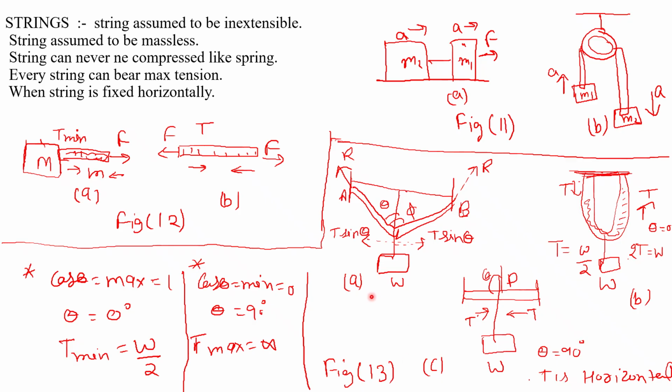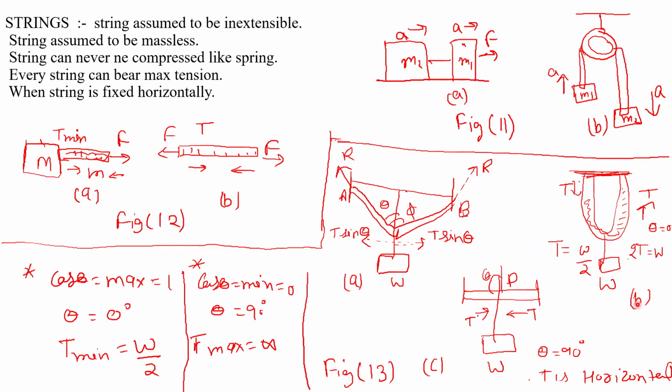This is shown in figure 13, part A. Here it is clear that as 2T cos theta is equal to W, T is equal to W by 2 cos theta. So as length of a string is shortened, theta will increase, and so cos theta will decrease, and hence tension in the string will increase. That is why a string loaded at the middle may break if the length of the string is shortened.